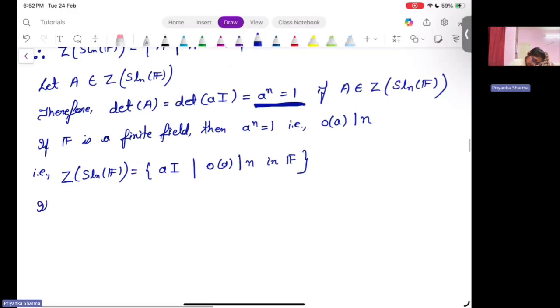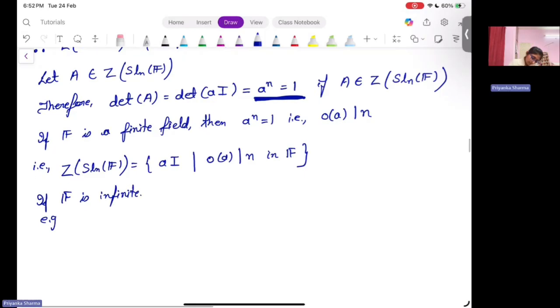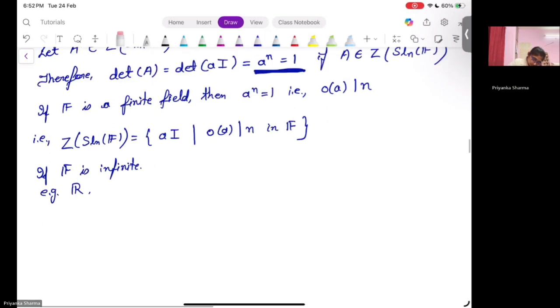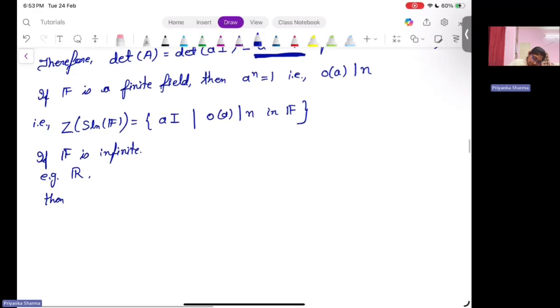Now, what if F is infinite? For example, R, then again we have this condition, a^n must be 1.